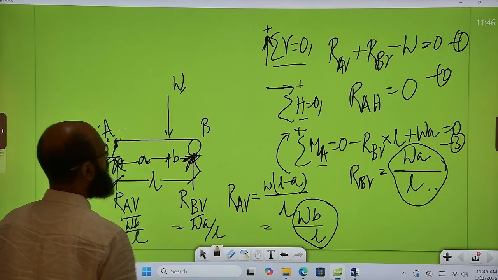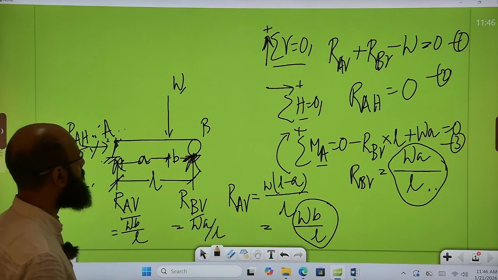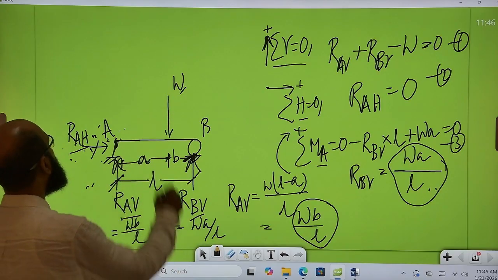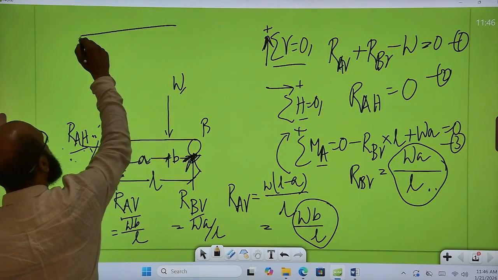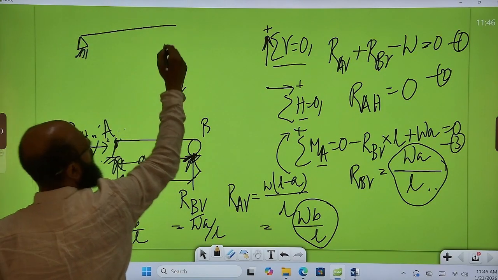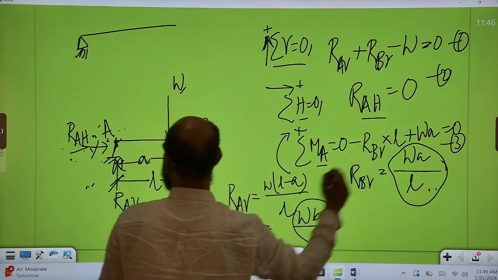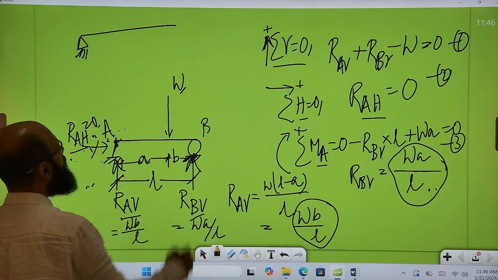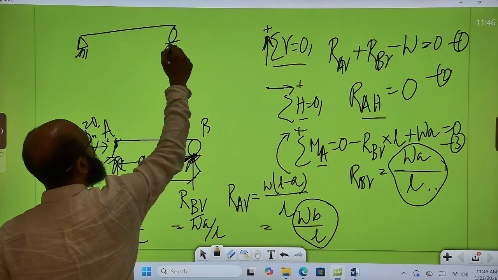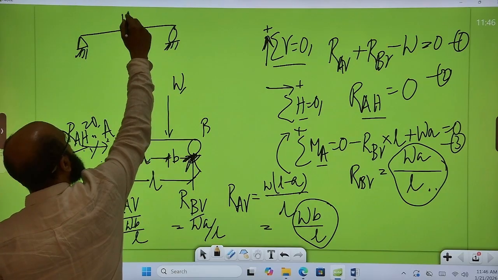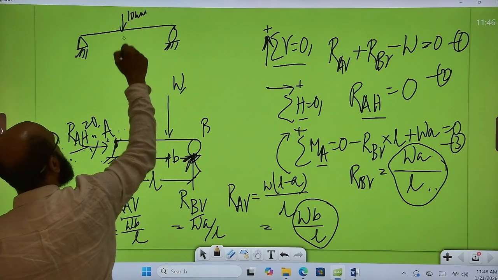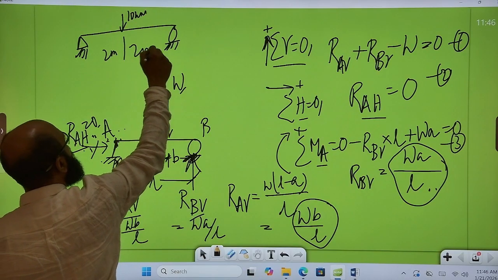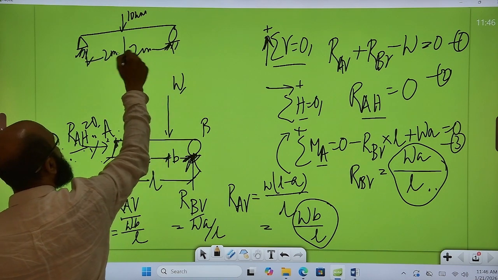So now you can find out reactions for any numerical value. Suppose a point load is there and RAH is 0. Because there is no active horizontal force, there will be no reaction. So suppose now 10 kilonewton is there. This is 2 meter, this is 2 meter. So you can find out the reaction.